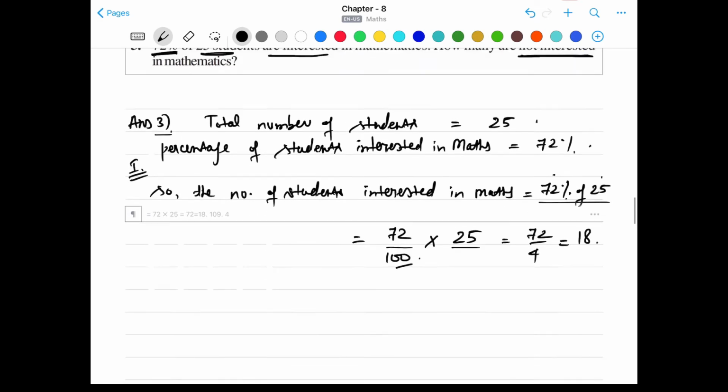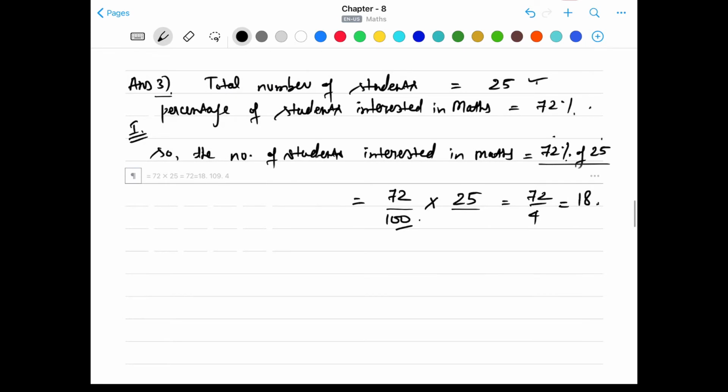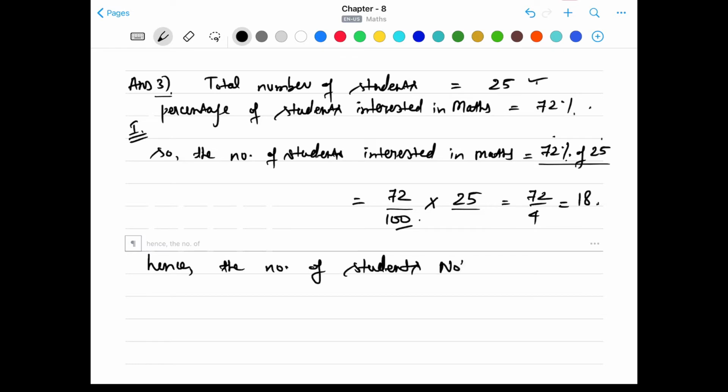Now you can calculate the number of students who are not interested in mathematics, that is, the total number of students minus the number of students who are interested in mathematics. So hence, the number of students not interested in mathematics is equal to the total number of students minus the number of students who are interested in mathematics.